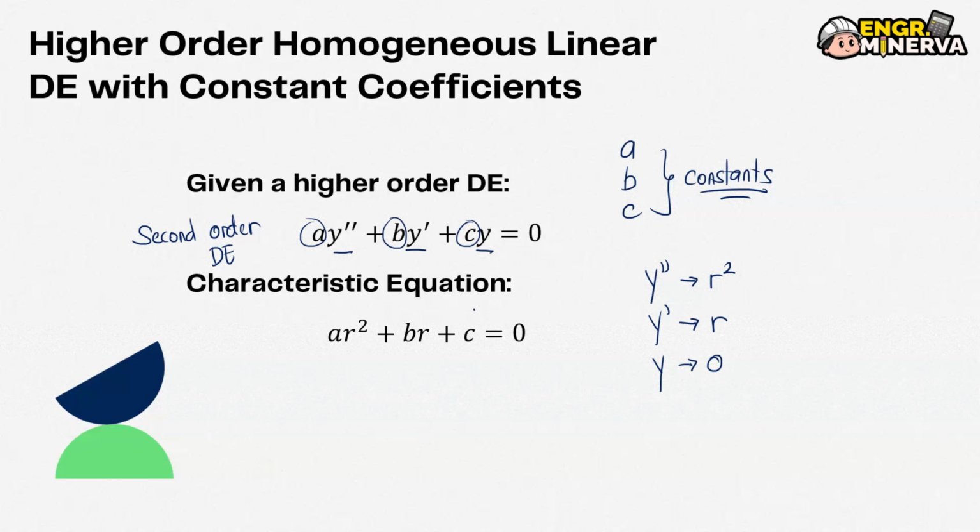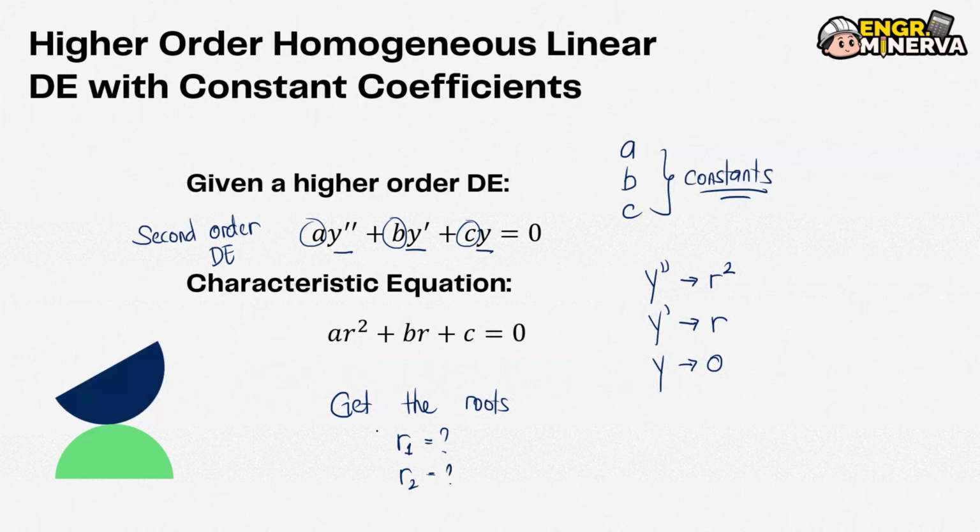In that case, it will now become ar squared plus br plus c equals 0. After that, we will just get the roots. It means we need to determine the values of r1 and r2.